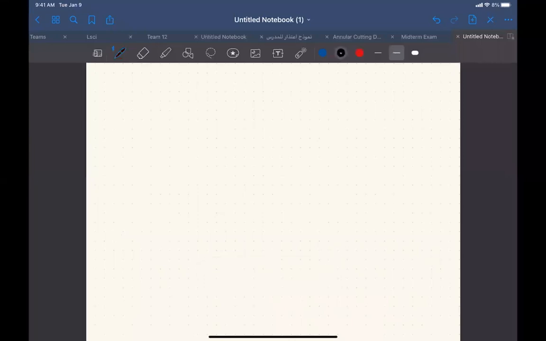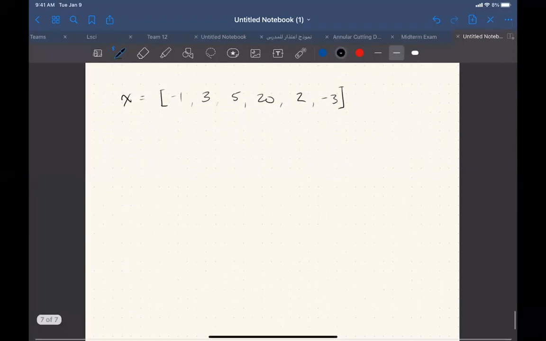If our x is, for example, -1, 3, 5, 20, 2, -3. Our x prime is taking our values and swapping when n is odd. So here n is 0, n is 1, n is 2, and so on. When n is odd, just multiply by -1.